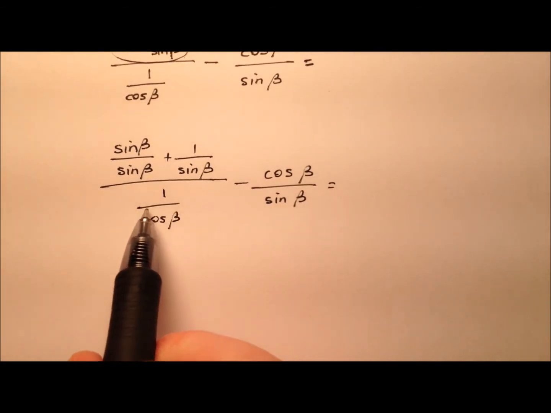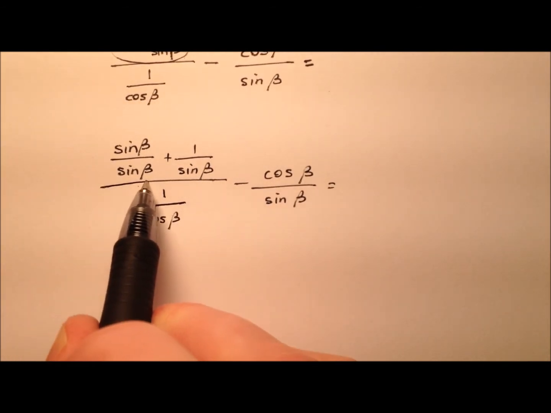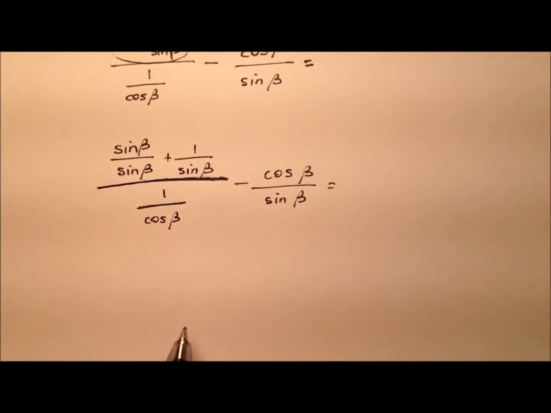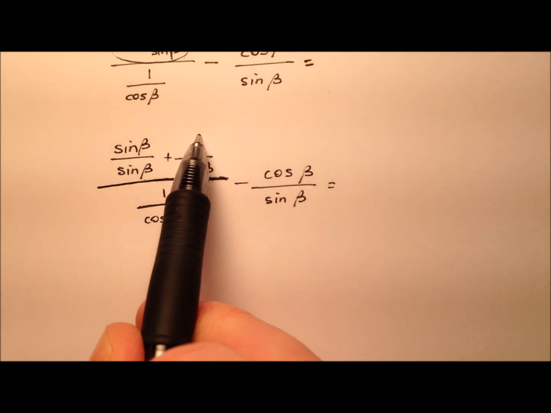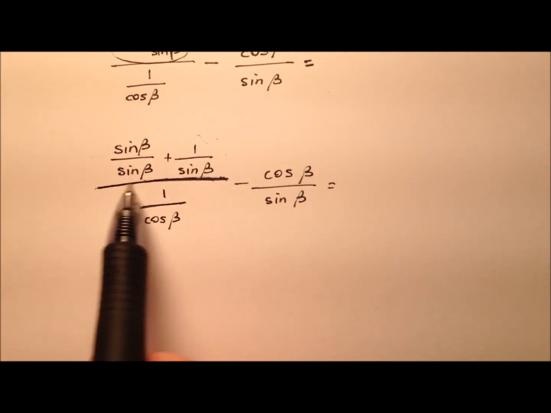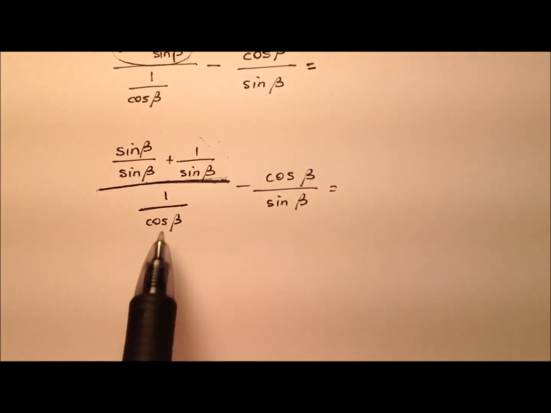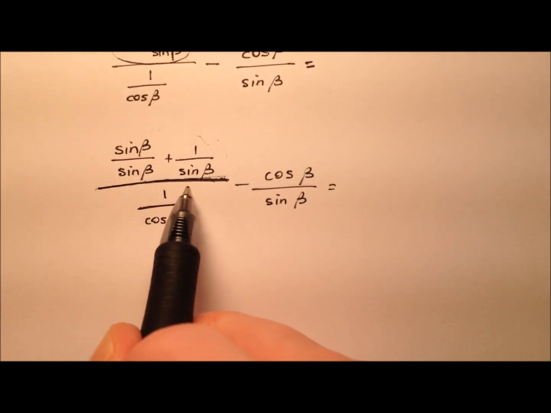Okay, so when we have complex fractions, or any fraction for that matter, remember that fractions tell us we're trying to do some division. So we have this numerator up here divided by this denominator down here, and whenever you divide fractions, remember, you're really multiplying by the reciprocal.